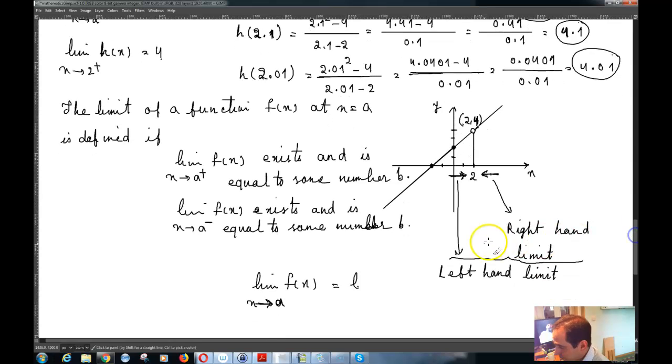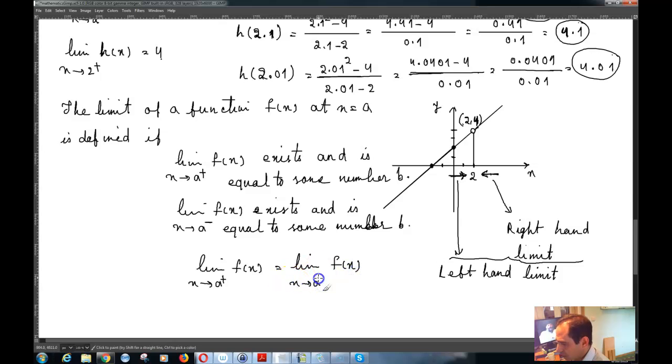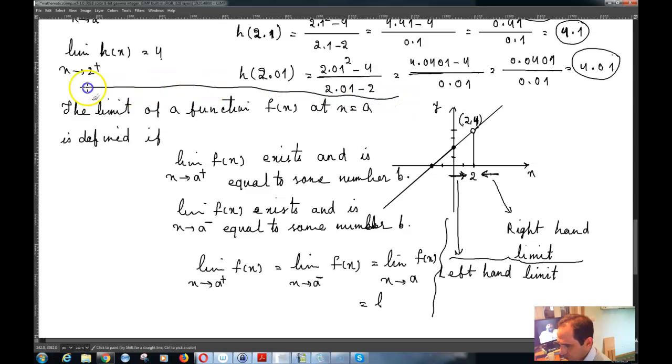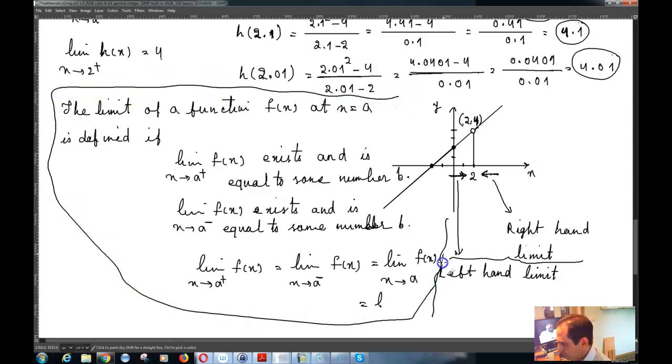Meaning that the limit of a function f of x at x is equal to a is defined if the limit of f of x when x tends to a from the right is equal to the limit of f of x when x tends to a from the left, and that is equal to the limit of f of x when x tends to a, which is equal to L. That is basically the whole story behind the limit of a function.